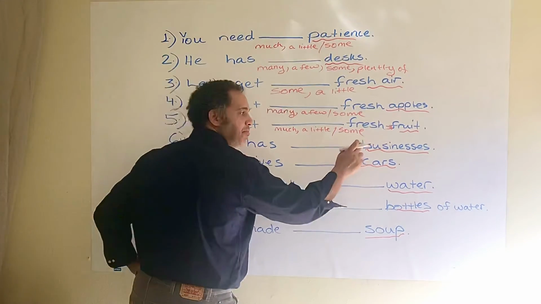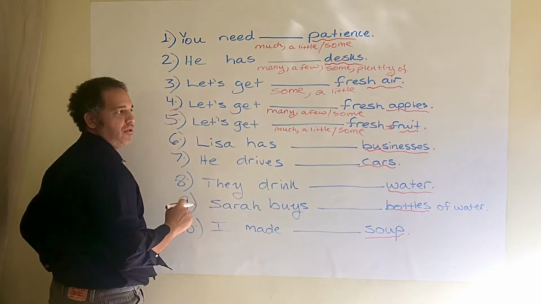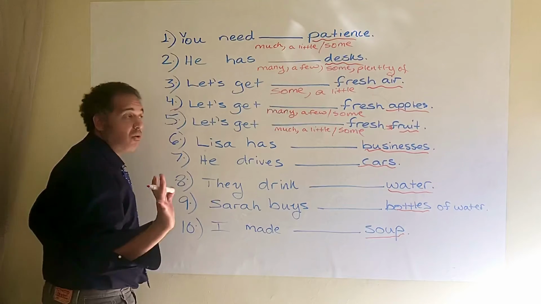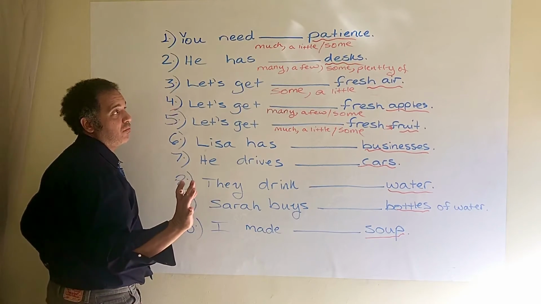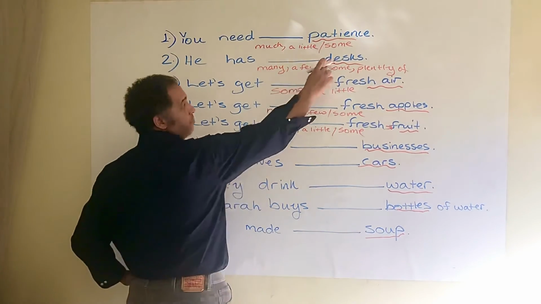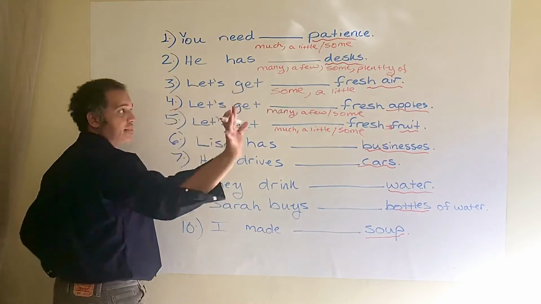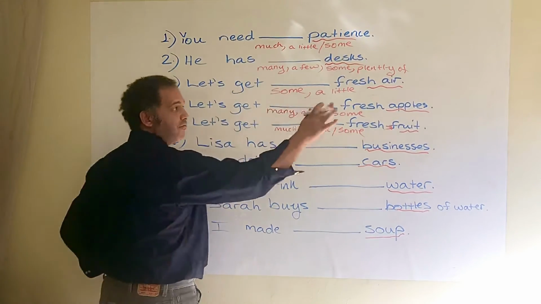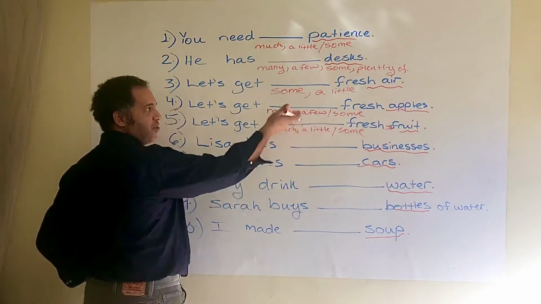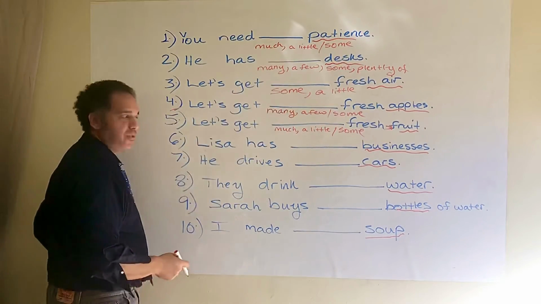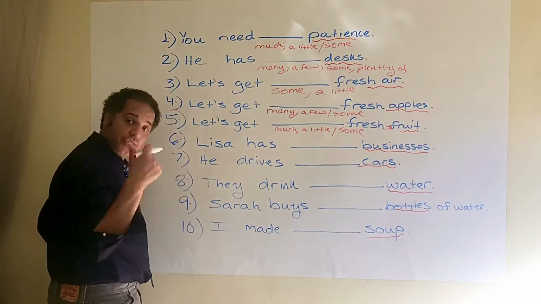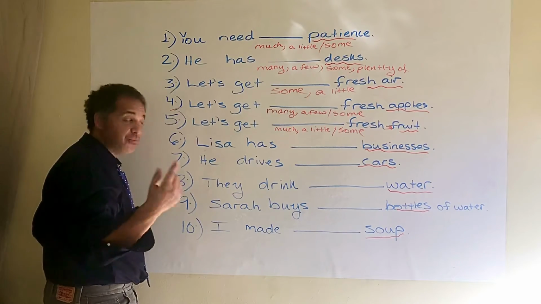Lisa has businesses. Okay? Again, you guys can always leave them alone. Even if it's plural like that, he has desks, that's okay. Let's get fresh apples. That's okay. But what I'm trying to show you is that you can use something else there. It's the same thing. Business is count. One business, two businesses.